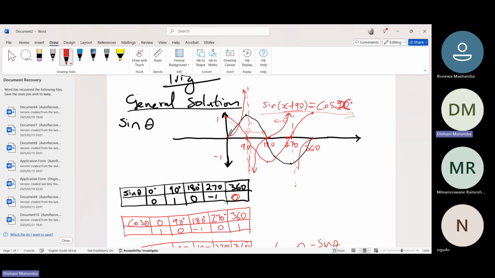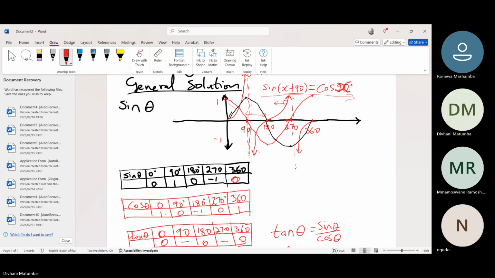Then you will have another tail going down. So that's your tan theta graph. And then the black one is your sine theta, and then this is your cos.